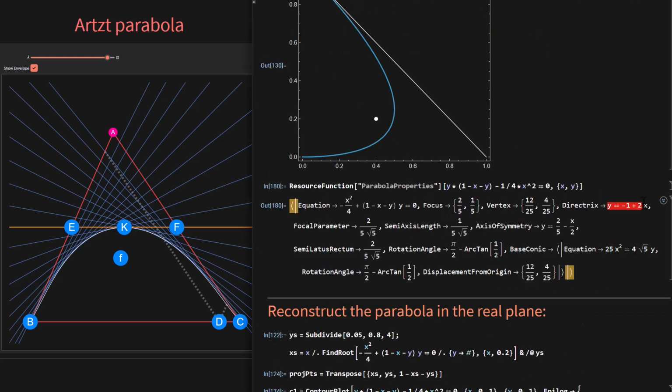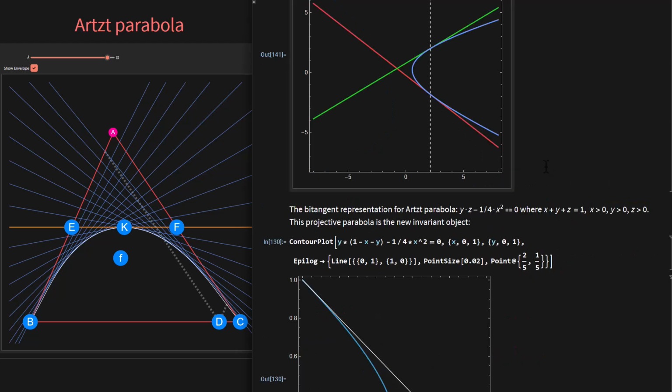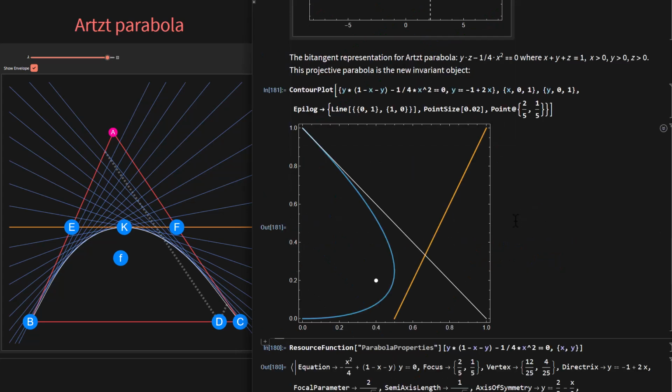We can put the directrix back into the plot we have here. So what I mean is that for a point on the parabola, if we find the distance between, say, this point and this point, and the distance between this point and this line, they're all the same.